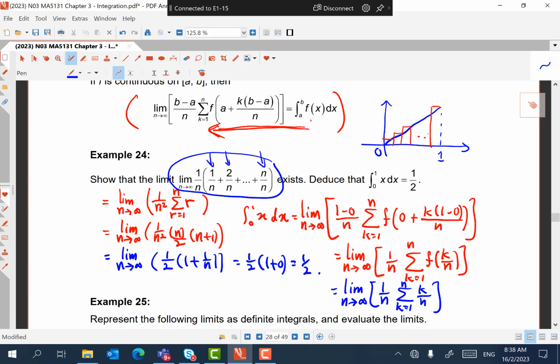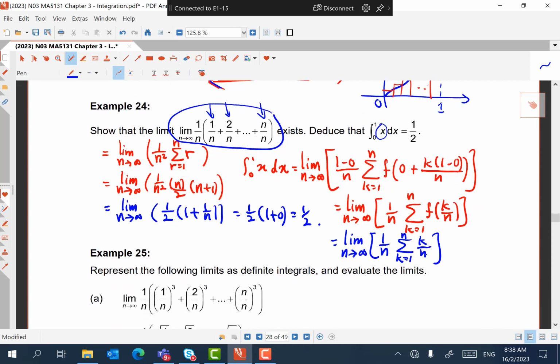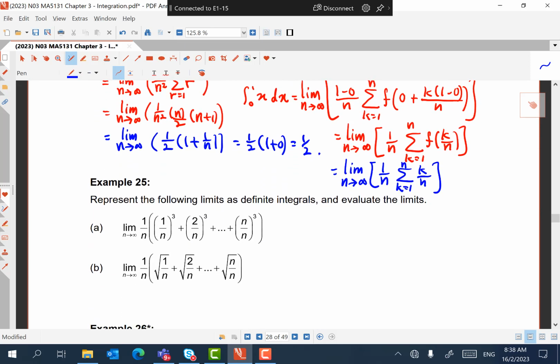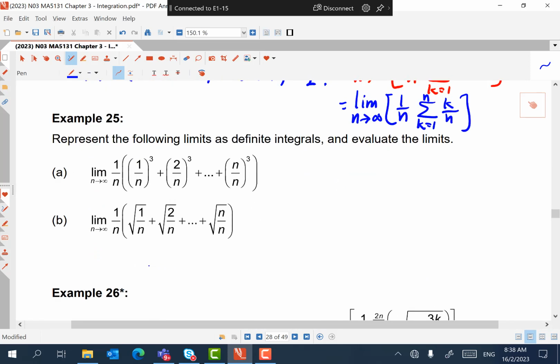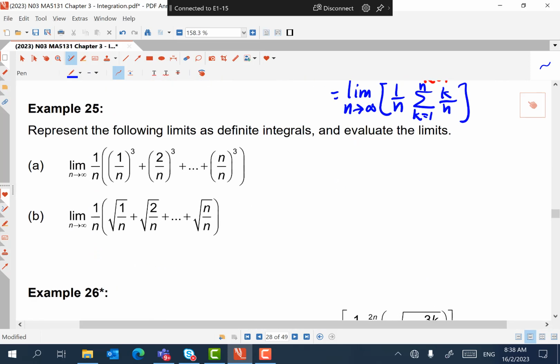But nothing stops you from trying to do it if you're given a definite integral to go this way. The problem comes when this function is not given to you. That will be an issue, like what you see in the next example. But the next examples are so easy that you can actually guess. As I told you, this k over n is just like x.